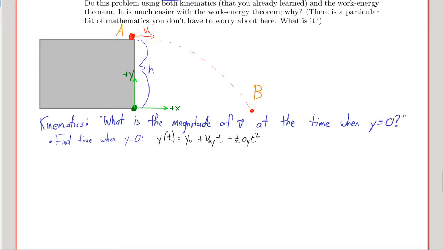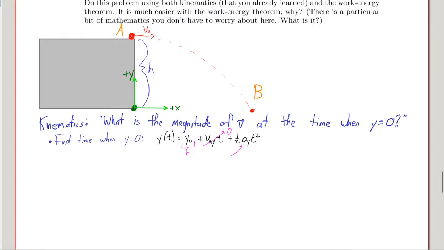Now, I know a few things here. One of them, I know that the initial velocity in y is 0. I know that the initial y position is just the height, and I know that ay is minus g.